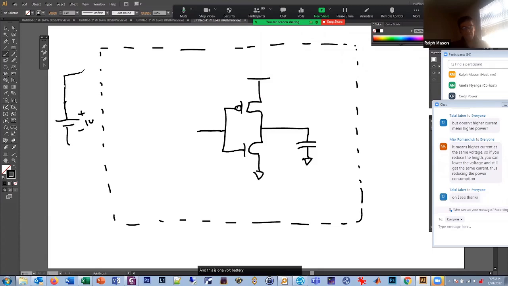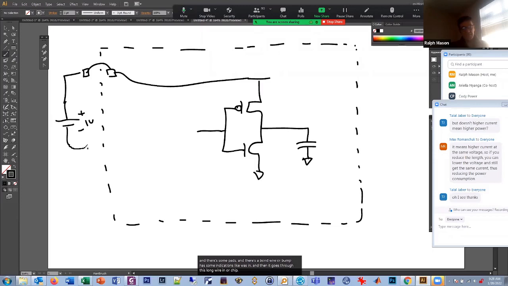So this comes into our chip, and our chip has a package, and there's some pads, and there's a bond wire or a bump that has some inductance that goes in. And then it goes through this long wire in our chip to go into our inverter. And likewise, in the other, there's this bond pad and our package, and there's a wire that goes over, or a bump, and it connects to the ground of our chip.